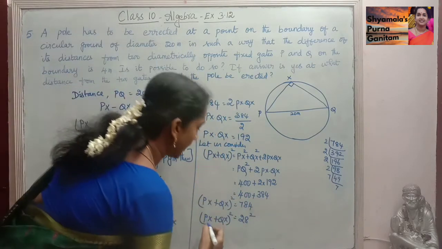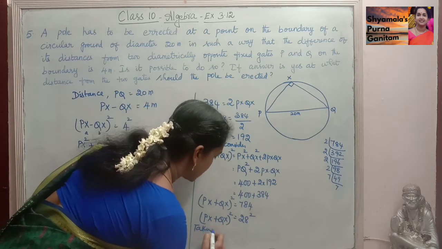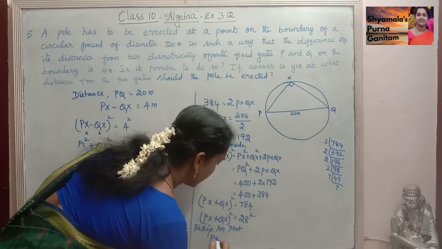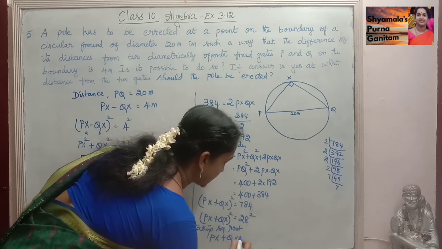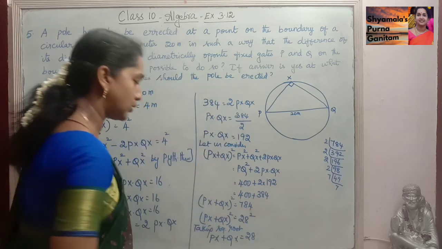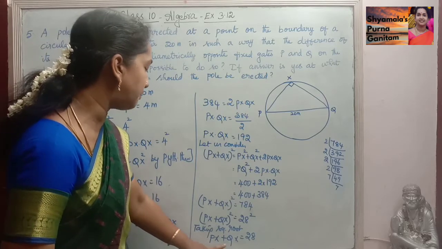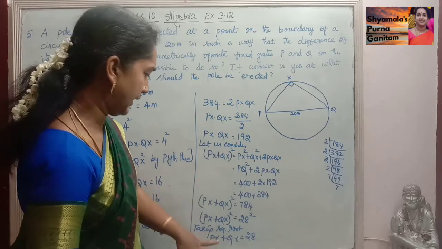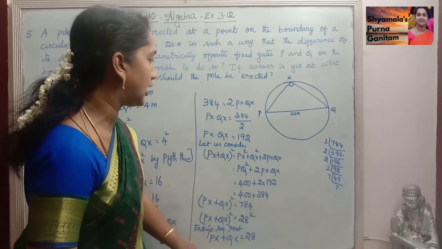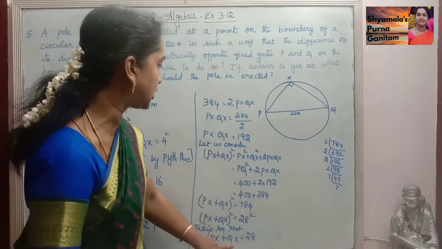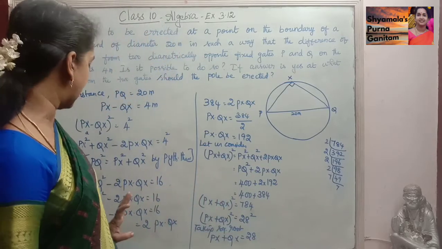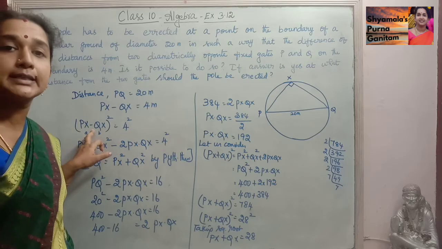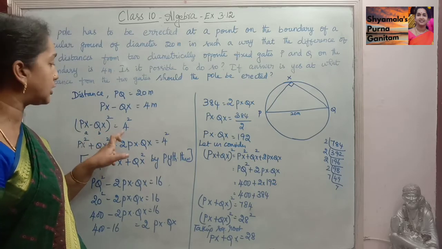So when we take the square root of this, we'll get px plus qx is equal to 28. So now we got the value for px plus qx is equal to 28. Then we are asked to find the value of this separately. Already we got the value for px minus qx the whole square is equal to 4 square.